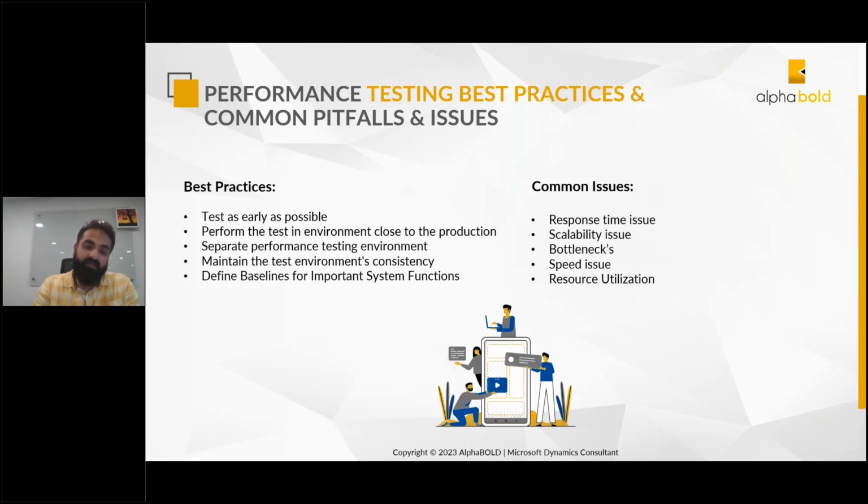Now, define baselines for important system functions. Such as if your application supports login, or checkout, or the cart, or shopping from multiple vendors, then you have to define that the particular area of your application must sustain a user load of X users, or should be able to give a response to each and every user within 2 seconds, or users can perform other actions within these parameters, or there should be no failures, or 0.01% of errors is acceptable.